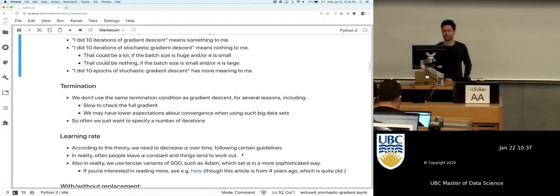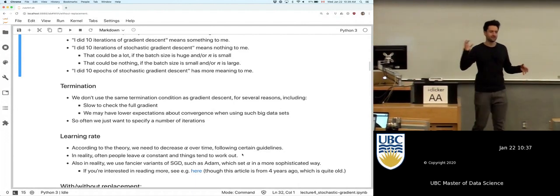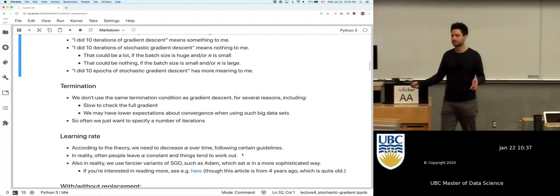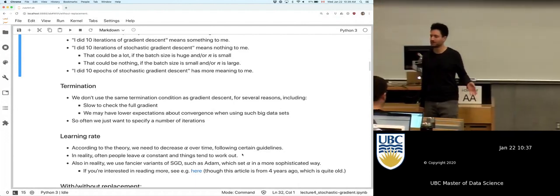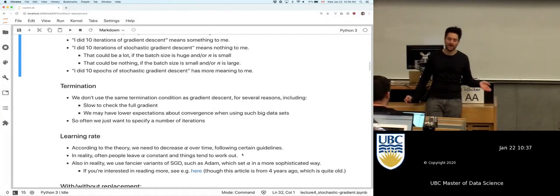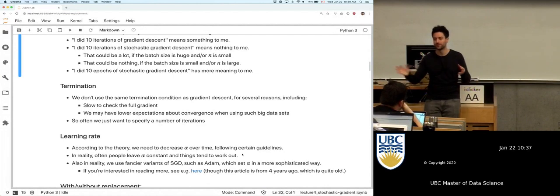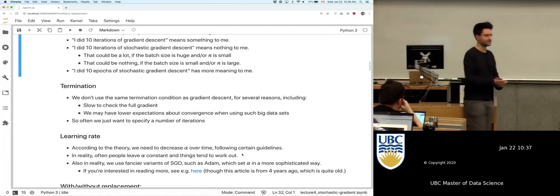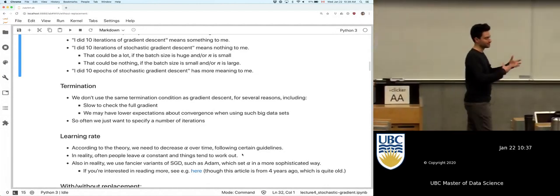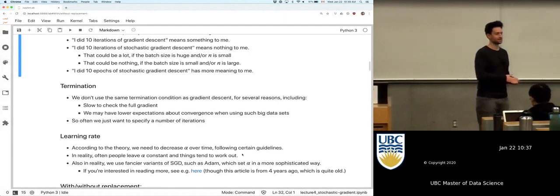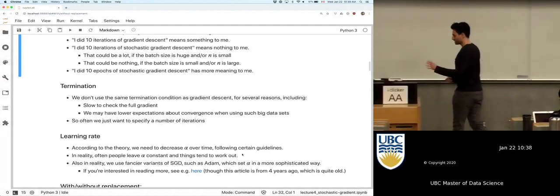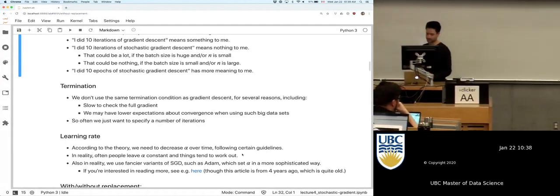We're not going to concern ourselves too much with that here, because typically we're going to be using some software package like TensorFlow that is going to take care of that type of thing for us. And furthermore, we'll end up using some kind of fancier variants of stochastic gradient that adaptively choose the step size and all these kinds of things. So I just wanted to put that out there, but we're not going to focus on it too much.